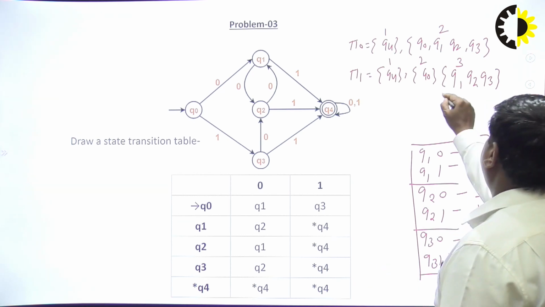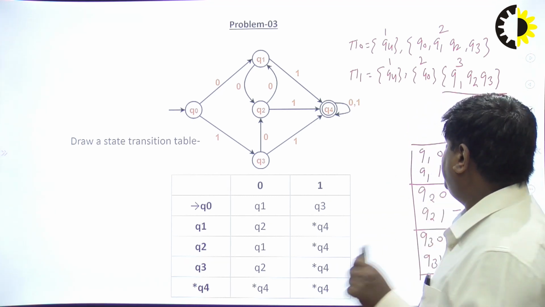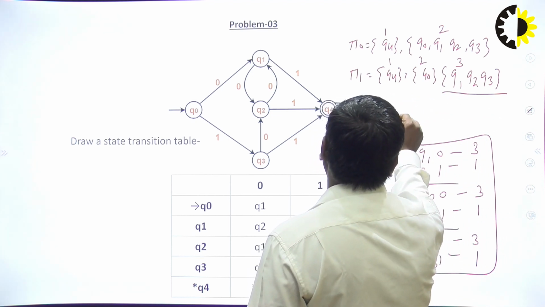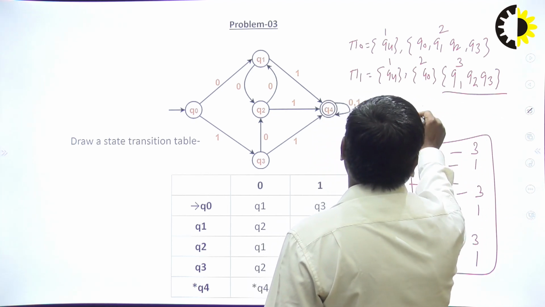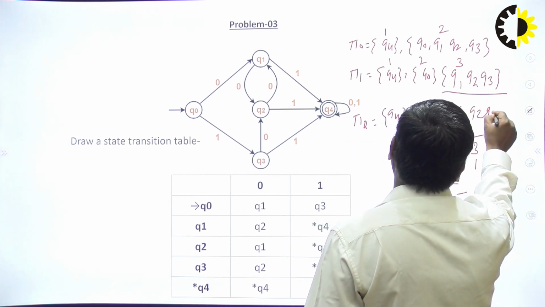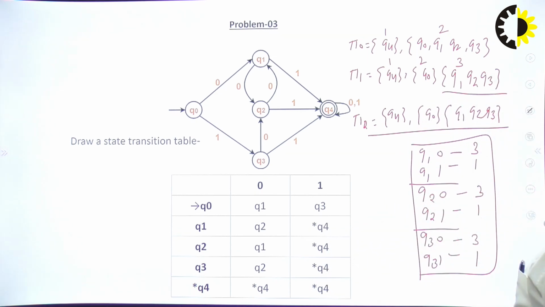It means these three states are minimized into a single state. Q4, Q0, and the merged state of Q1, Q2 and Q3: these are your final answer.